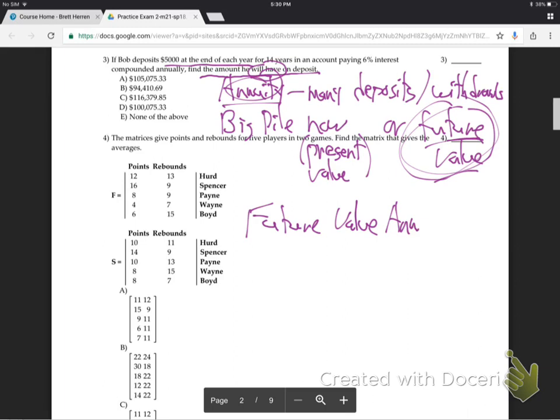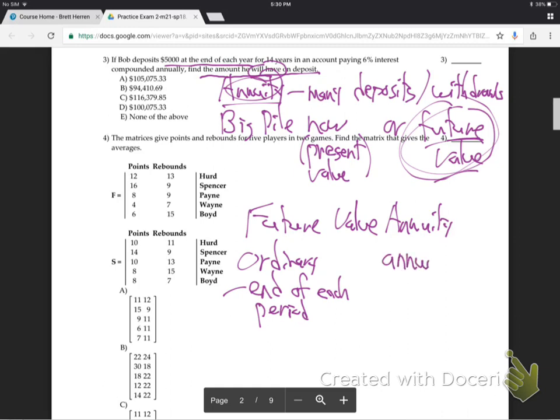Now there's two kinds. We have the ordinary, which means you deposit at the end of each period, and we have annuity due, which is you deposit at the start of each period.